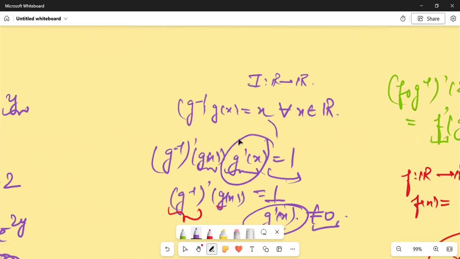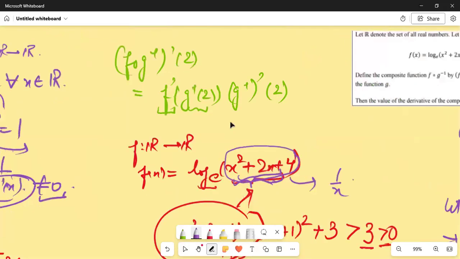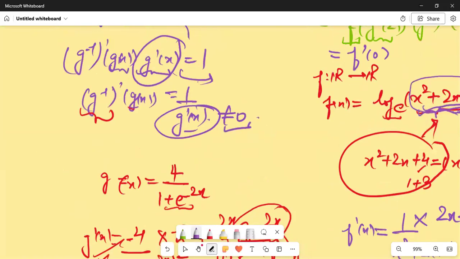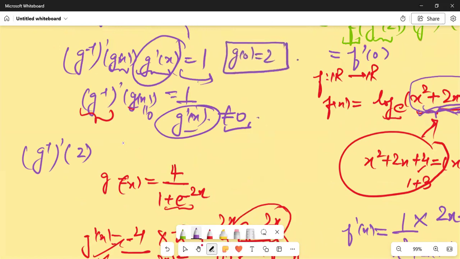Now it is just to be substituted. So this is f prime of 0, and this, according to our calculation, is the derivative of g inverse at 2.